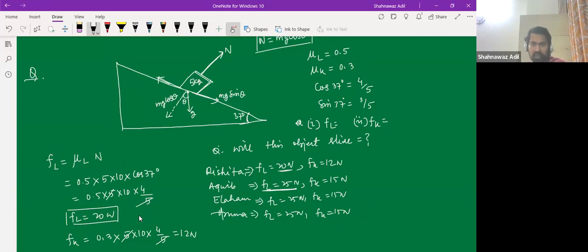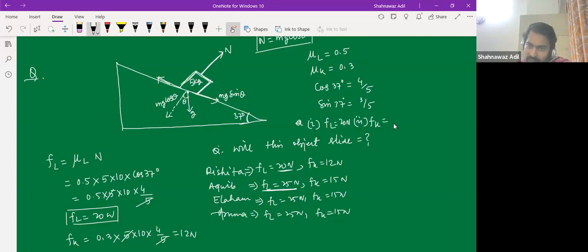Yes, sir. So now we have this 20 Newton, and did you guys not break the components? That is why this is an inclined plane. I was emphasizing that inclined plane part.